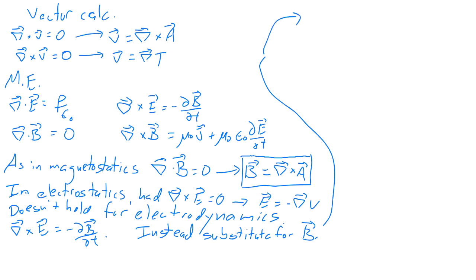So now we write this: the curl of E is equal to minus d dt of the curl of A. But I could write that as the time derivative and the space derivative, right? Those are linearly independent commuting variables. So we could swap there. So this becomes minus curl of dA dt.